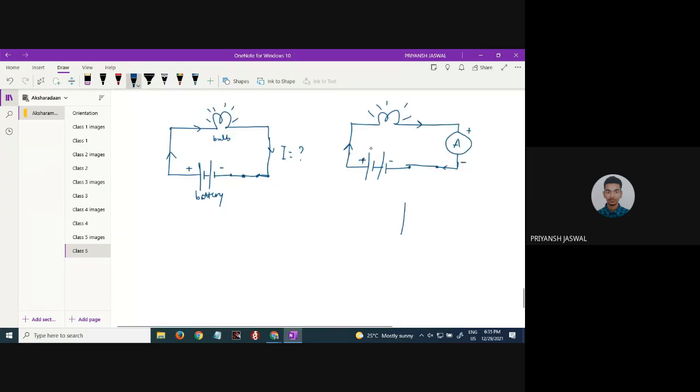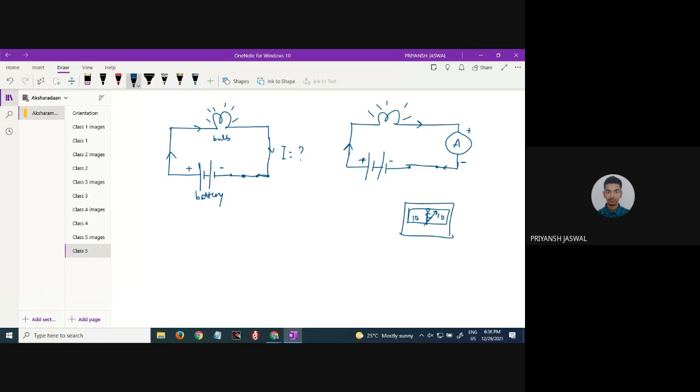There are analog ammeters also, in which there is a needle and there are readings like 0, say 10 on this side and 10 on this side. So if you apply it here and suppose the current is 5 ampere in the circuit, just for an example, usually the current is small, around 5 milliamps or say 50 microamps or 500 microamps. So the needle will point in this direction after deflection.